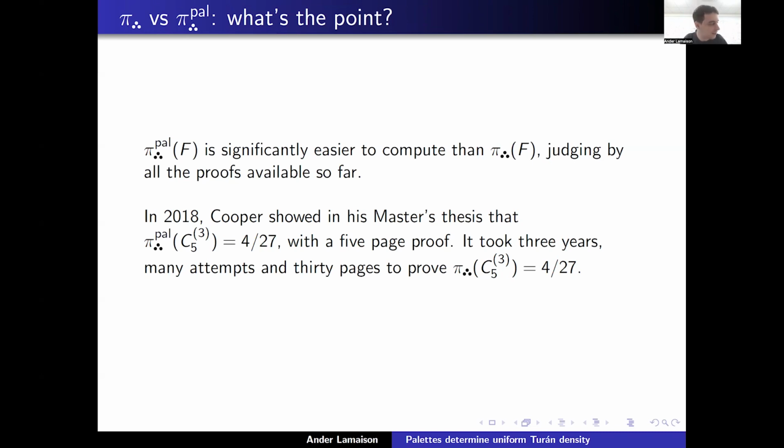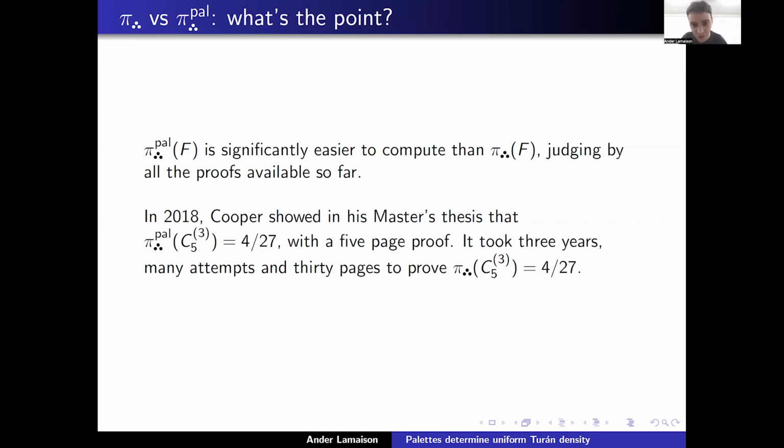So I told you that in 2021, a set of authors determined that for all non-tripartite cycles of length at least 5, the uniform Turán density is 4/27. Well, that proof took 30 pages, and it's a very technical and complex proof. Whereas 3 years earlier, Jacob Cooper had shown in his master's thesis that the palette Turán density of the cycle is 4/27.